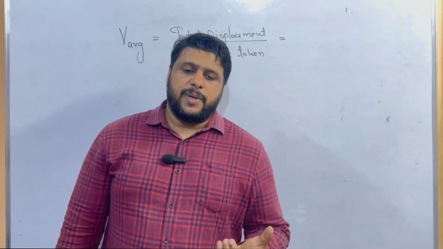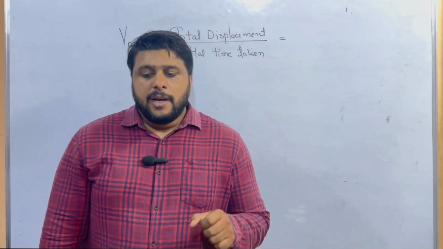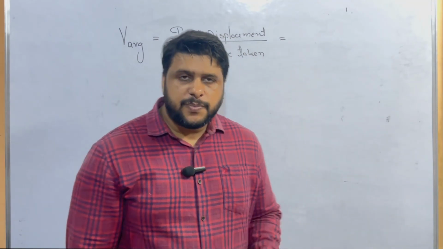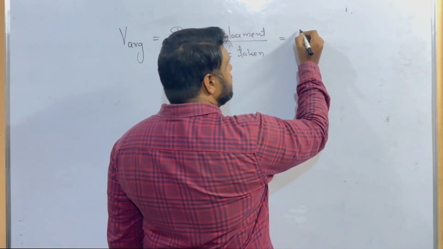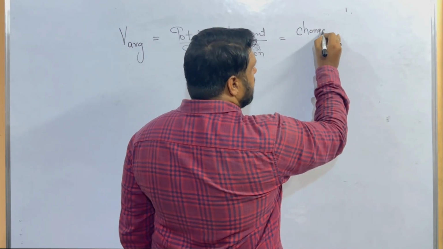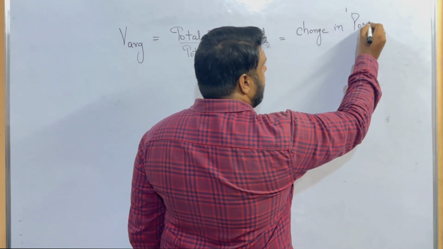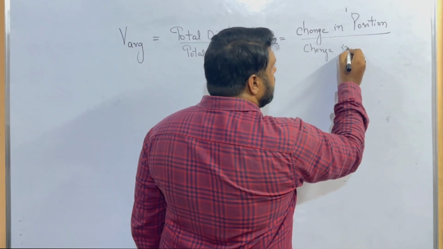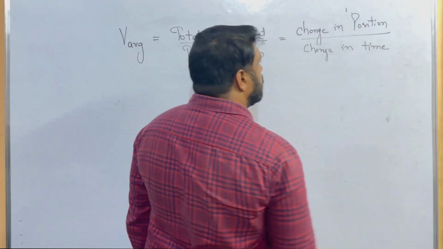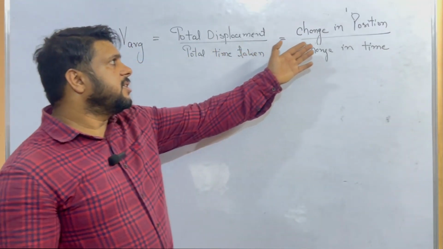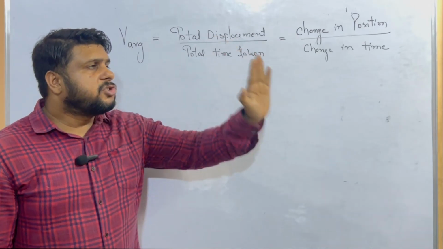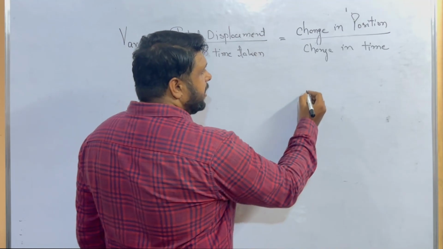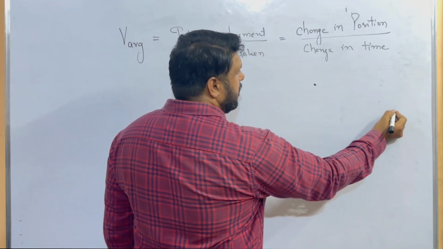What is displacement? How do we find displacement? Displacement is found by the change in position. So can I write it like this? Change in position divided by change in time. Writing total displacement as change in position and total time taken as change in time is right. Let's say a particle has moved from here to here.